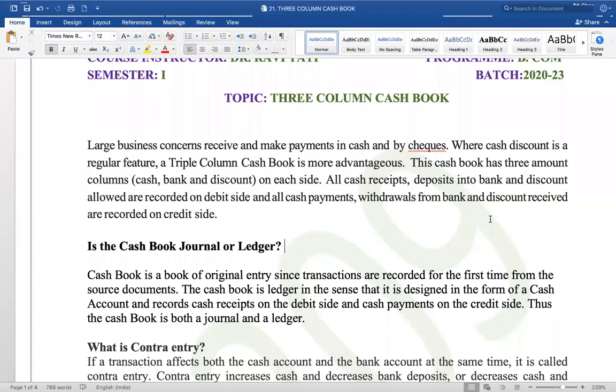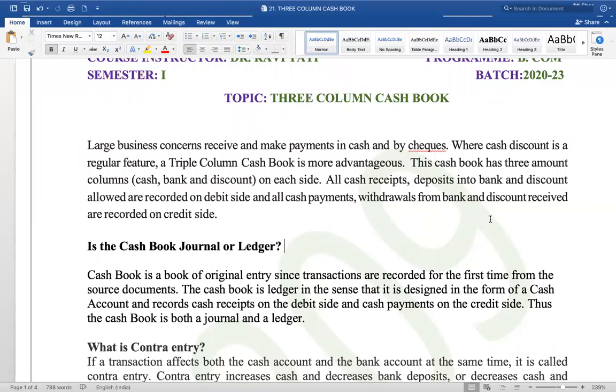Come again: all deposits into the bank, discount you're allowing, and the cash you're receiving are debited in the cash book. The opposite, cash payments, discount received, and bank withdrawals are recorded on the credit side of the cash book.